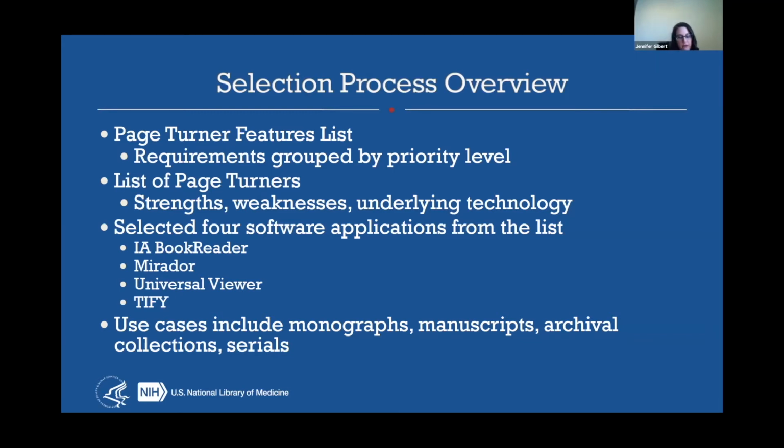The high priority features include page display, search features, zoom, and graceful handling of different page sizes, such as foldouts. Also important is 508 compliance, download of PDF, OCR text, or single pages, HTML5 and IIIF compliance.